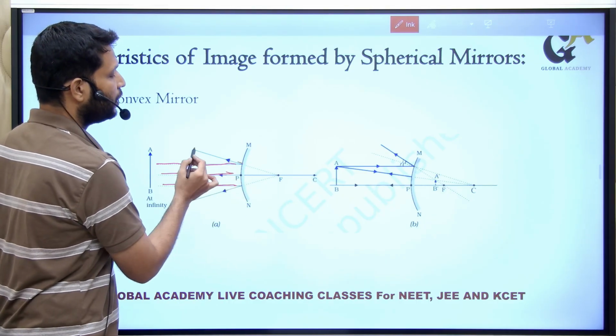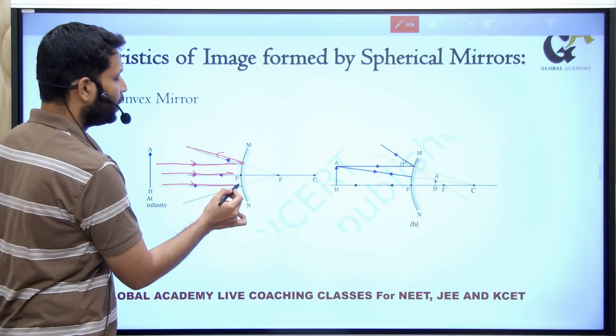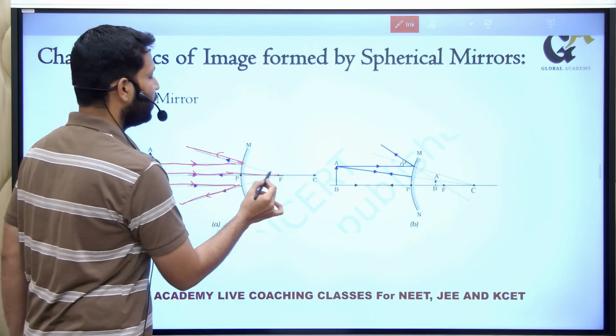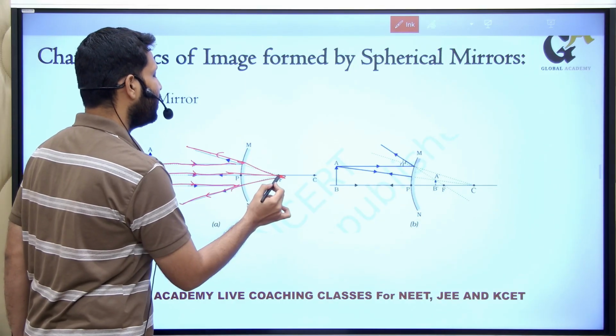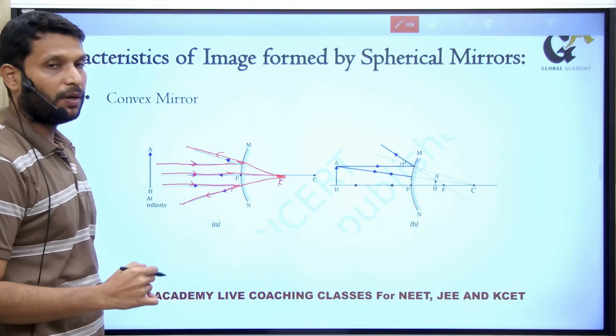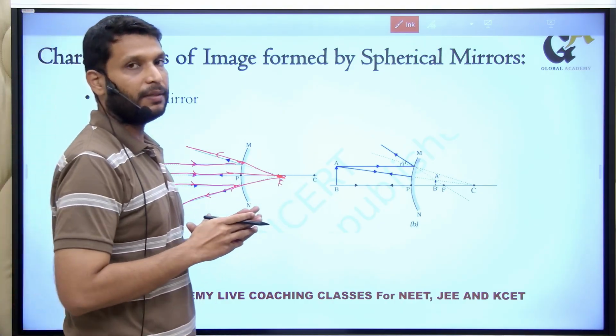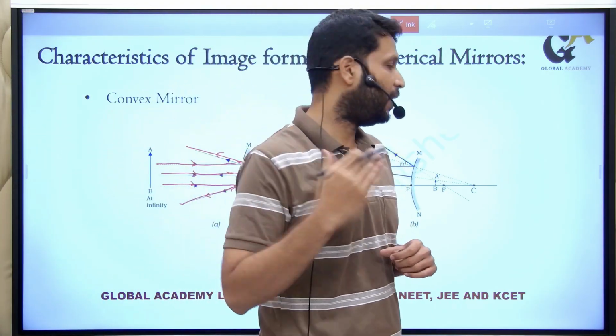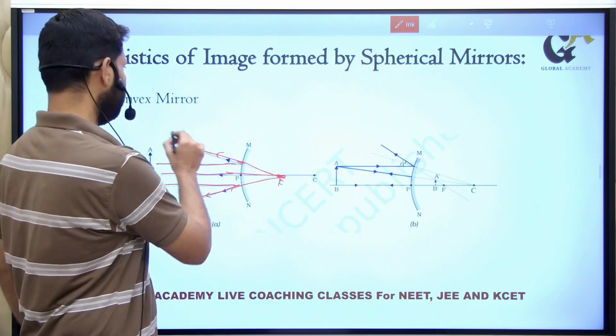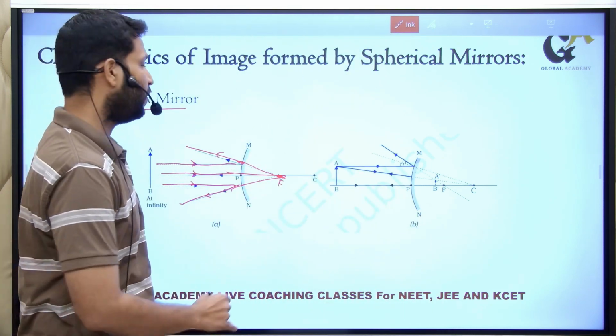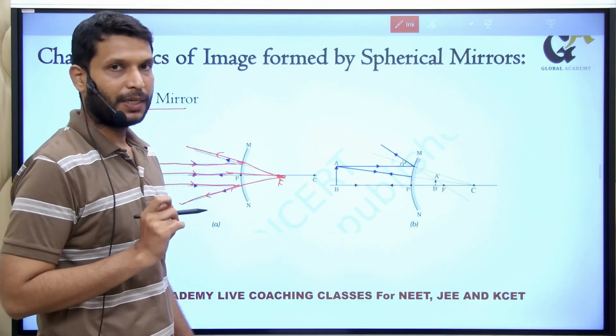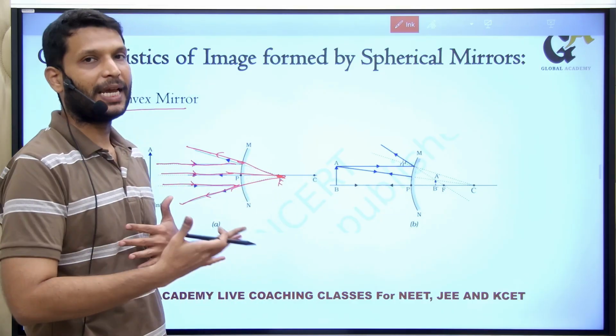After reflection, they appear to pass from one particular point called the focus, where the image is formed. So therefore, to obtain the image of an object at infinity in the case of the convex mirror, you will get the point image at a focus which is inside the mirror.